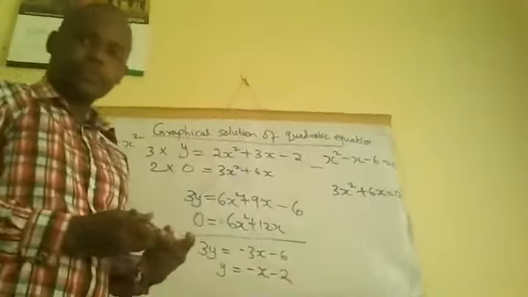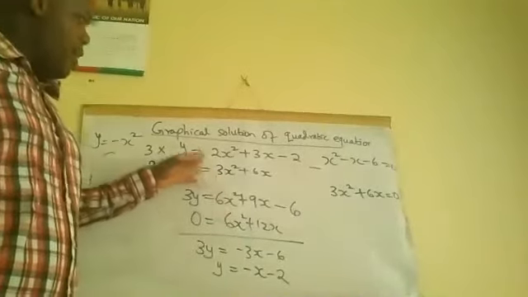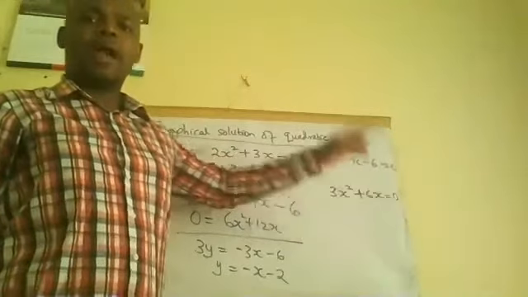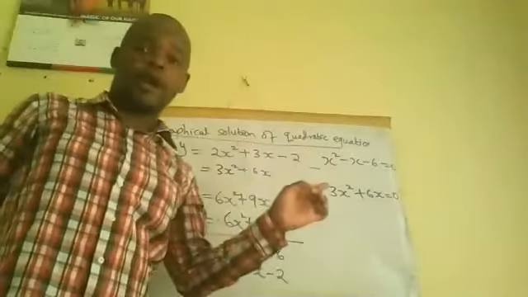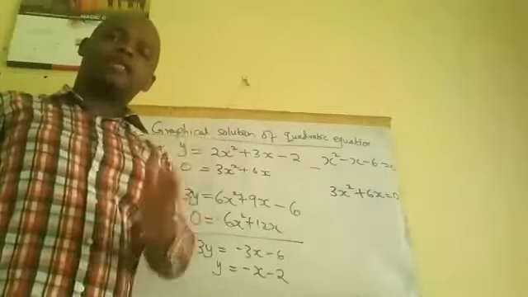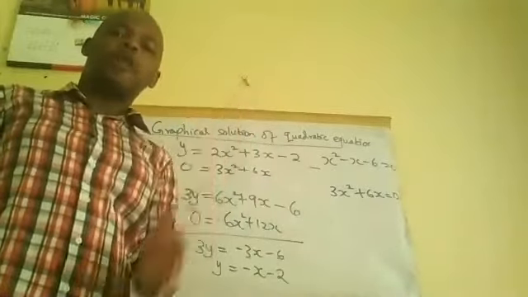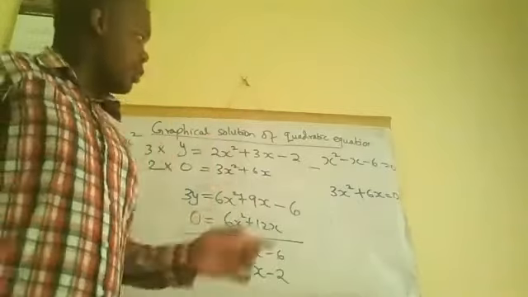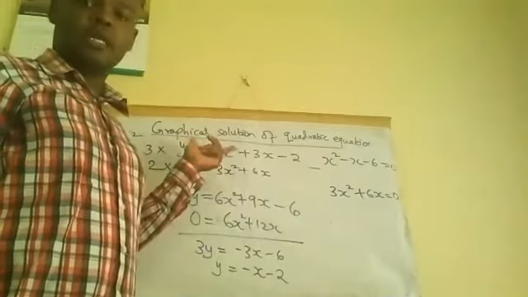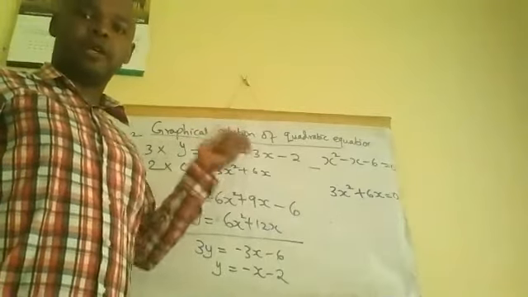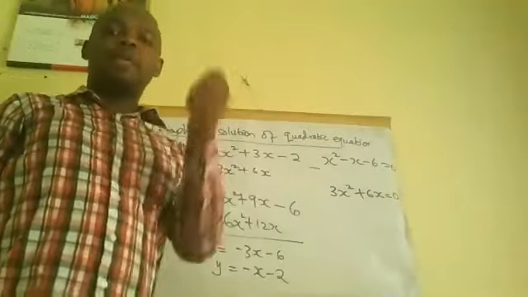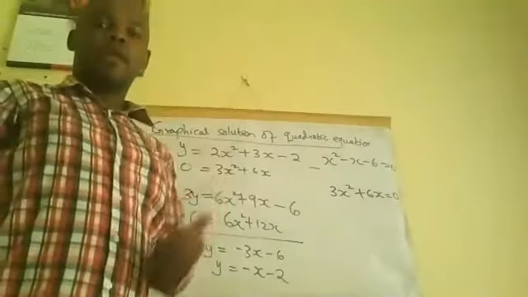I'm given 3x squared plus 6x equals 0, and I'm supposed to use the quadratic graph. So if I'm using the quadratic graph, then you are supposed to be drawing lines only. Don't draw another curve. So in this case, you'll have to get the LCM because I have to eliminate the x squared. The trick is to eliminate the x squared so that we have a linear equation, and then we draw the graph.